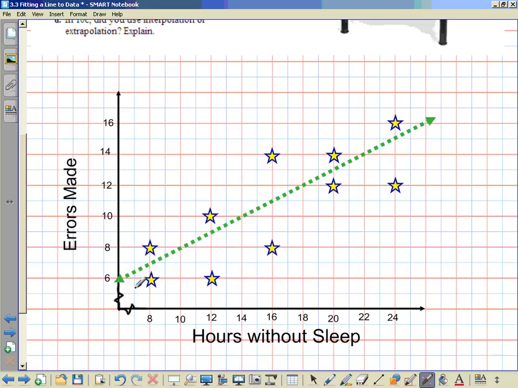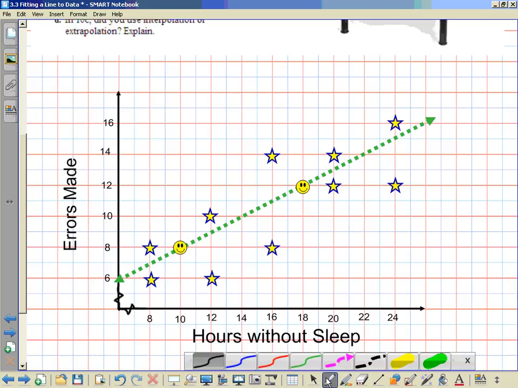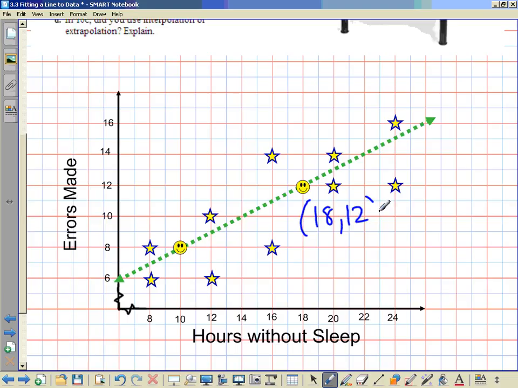Now, to actually find the line of best fit equation, I'm just going to pick a couple of points that look pretty good here. Let's use the little smiley guys. Let's pick 18, 12, that looks like a good point to use, and 10, 8. Let's go ahead and find the slope.